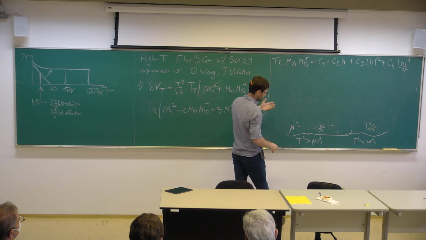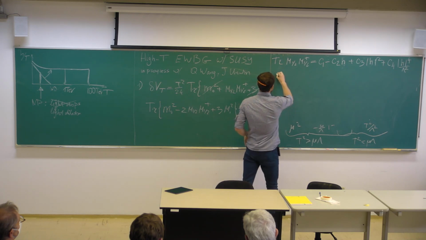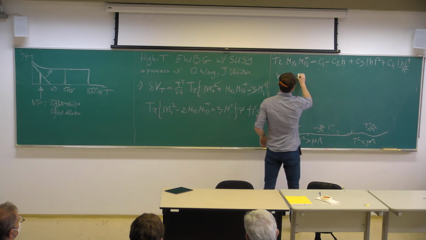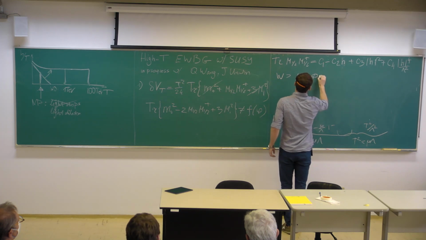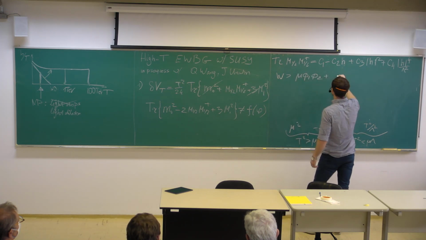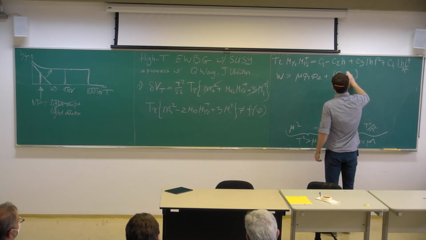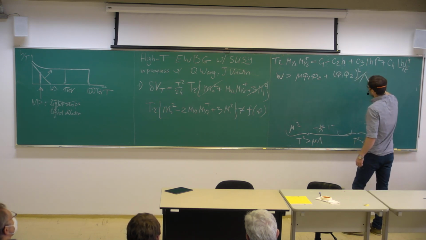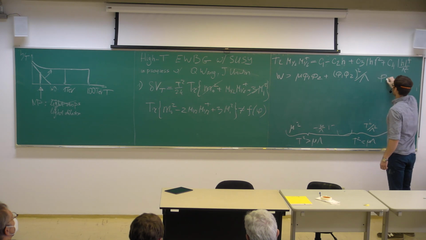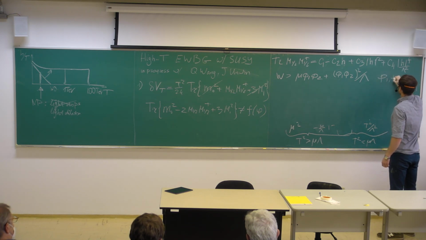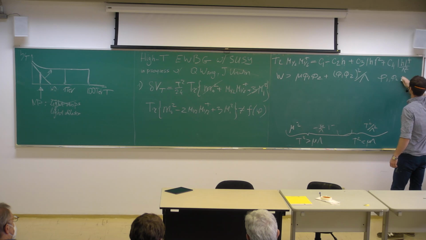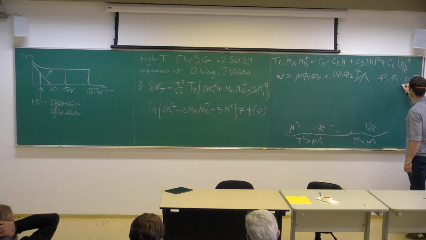So let's say phi 1 and phi 2. And those phi 1 and phi 2 are fundamental and anti-fundamental of some U(N).